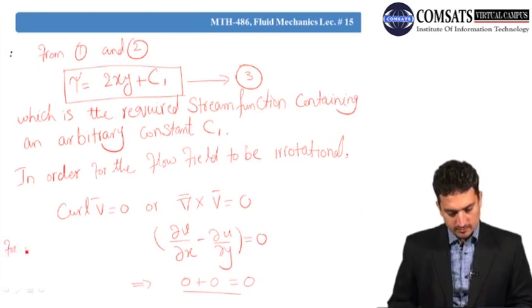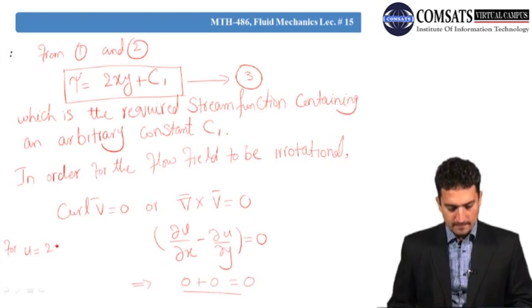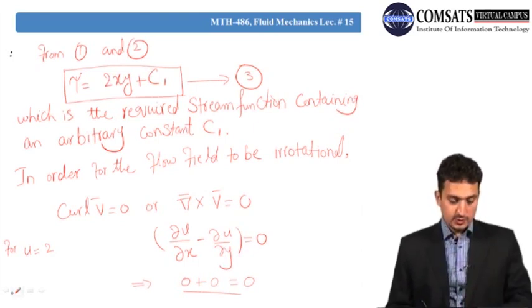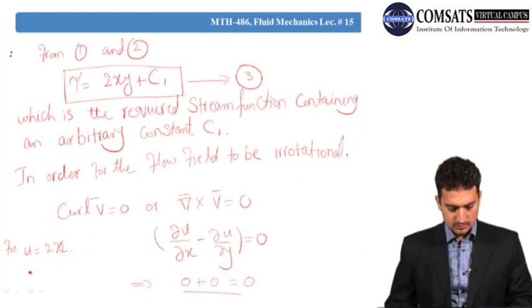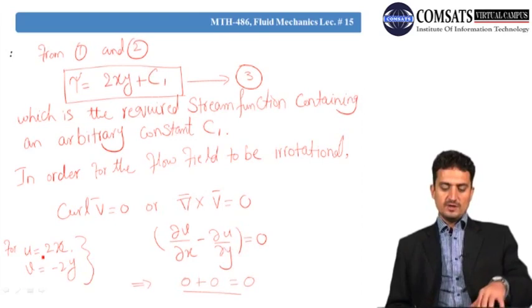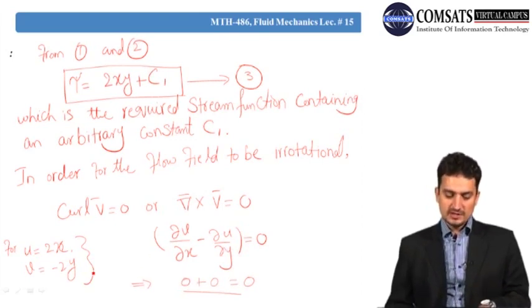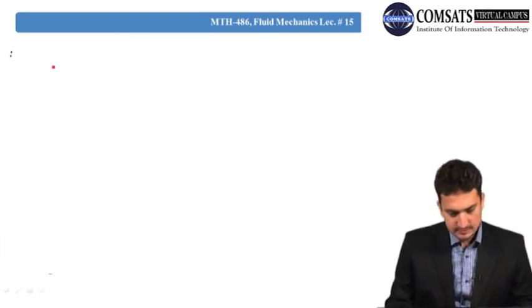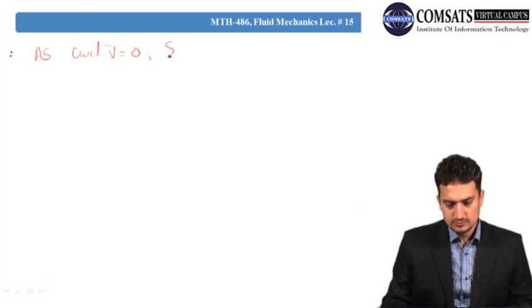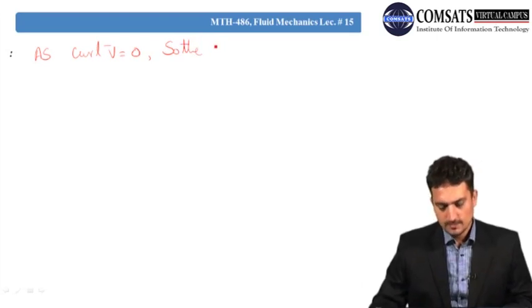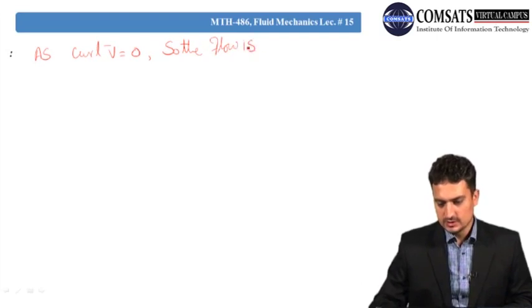Yeah, for u is equal to 2x and v is equal to minus 2y. जब u और v की given values हम substitute करेंगे तो we'll ultimately get 0 as curl of v is equal to 0, so the flow is irrotational.